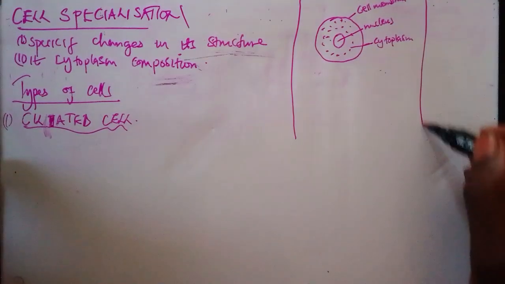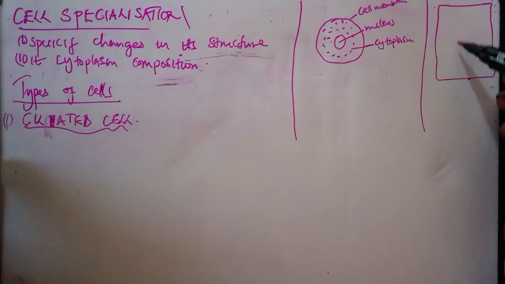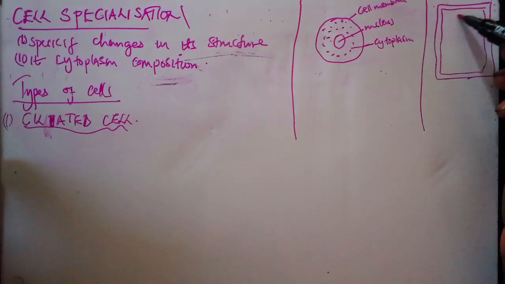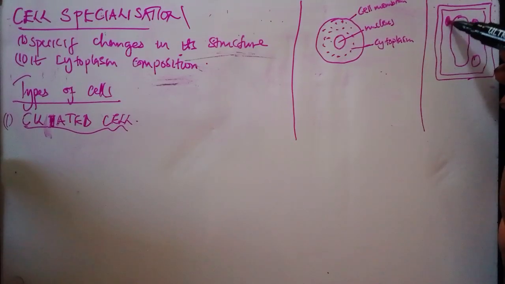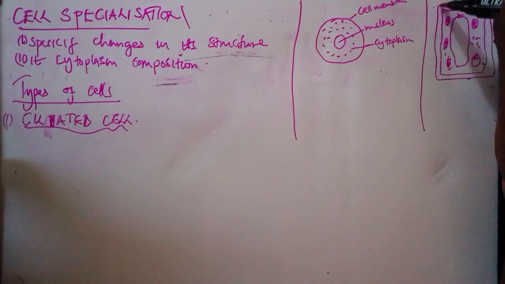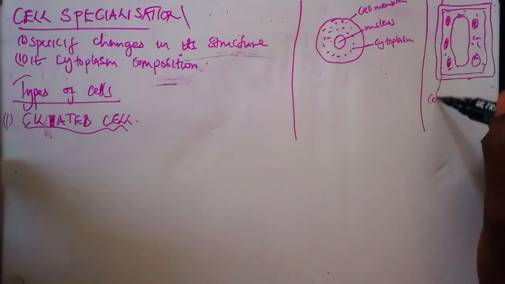Then a plant cell looks like this. We have a vacuole, we have a nucleus and some chloroplast. So we have the cell wall, then we also have the cell membrane.